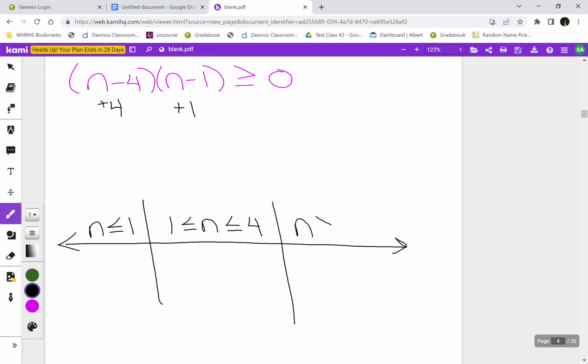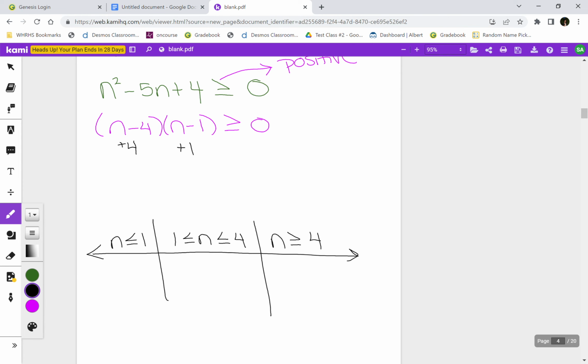And lastly, we need n is greater than or equal to 4. All right, so we're going to test less than 1. If I'm testing less than 1, can I choose 0? Absolutely. 0 minus 4 is a negative. 0 minus 1 is a negative. A negative times a negative is a positive. So this works. What else is going to work?